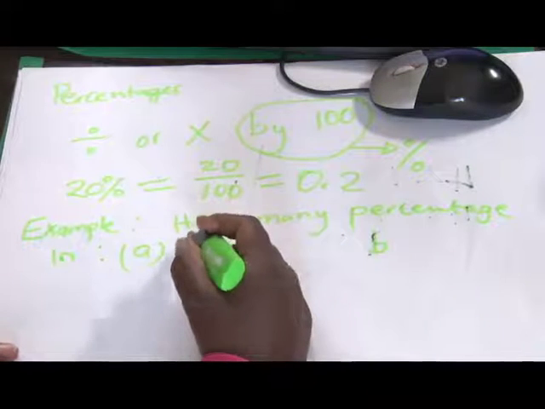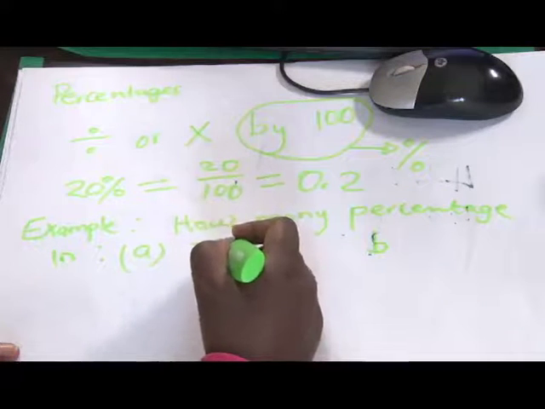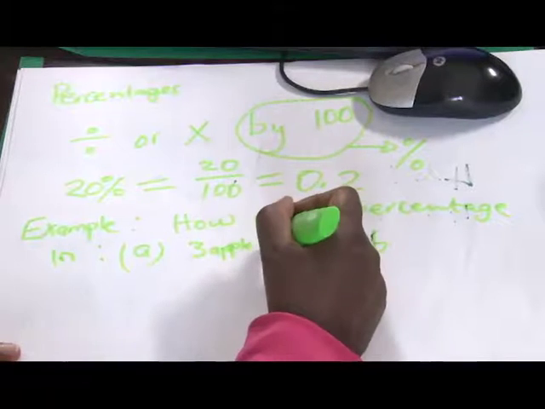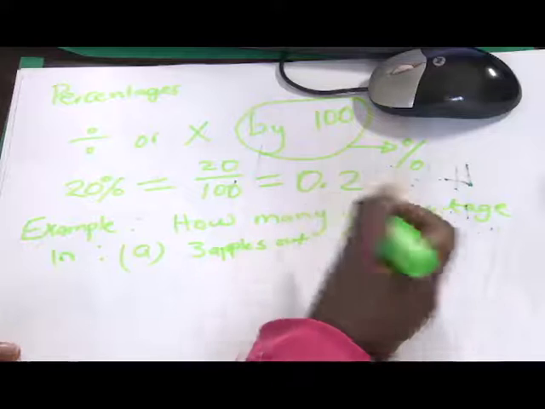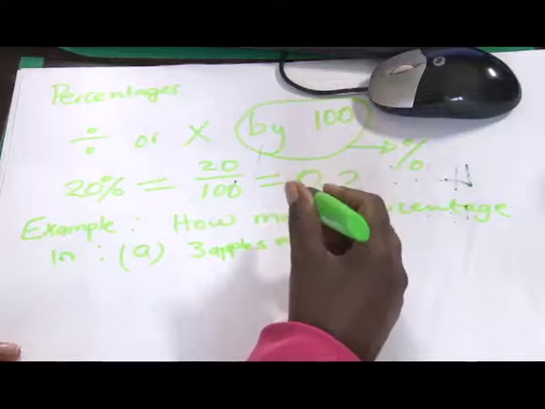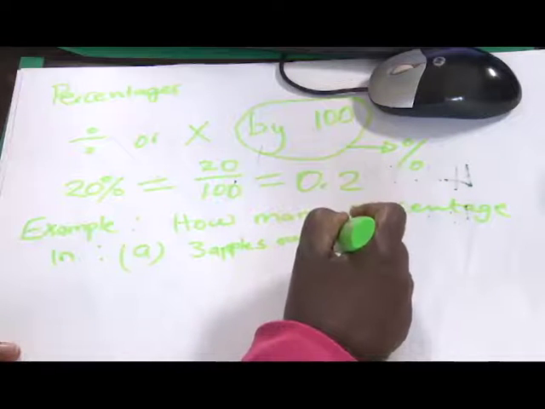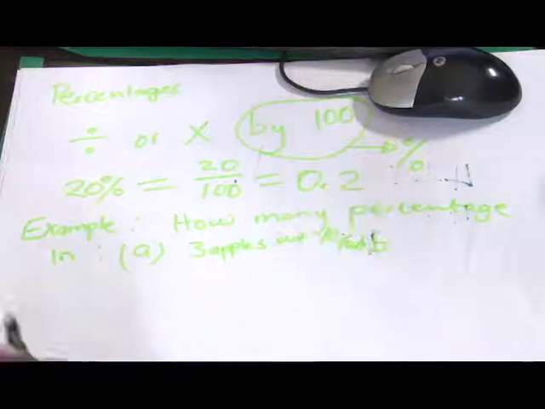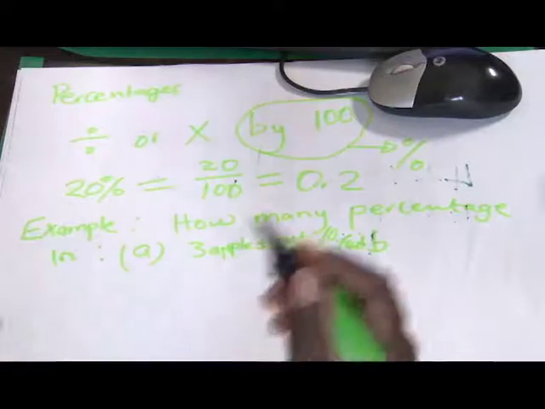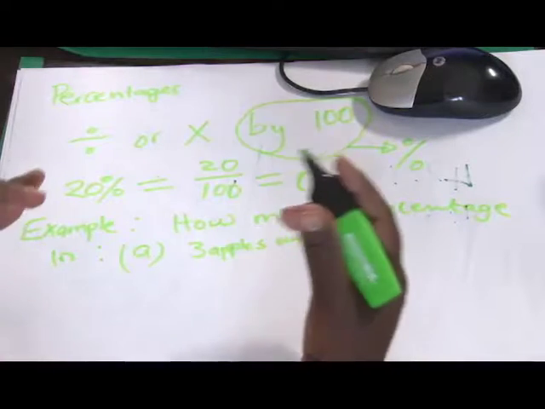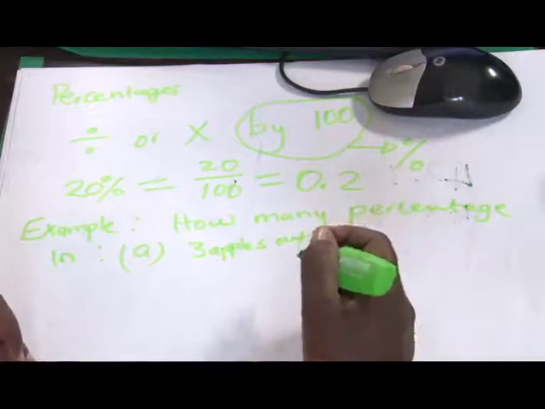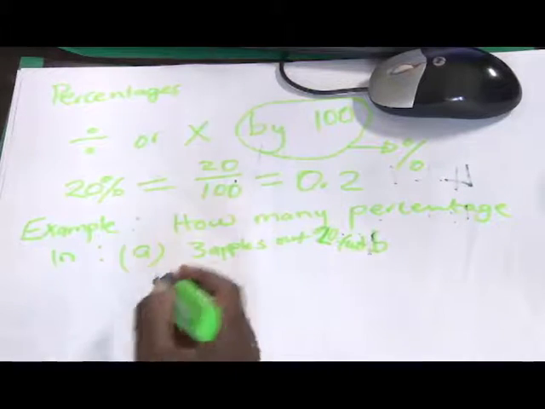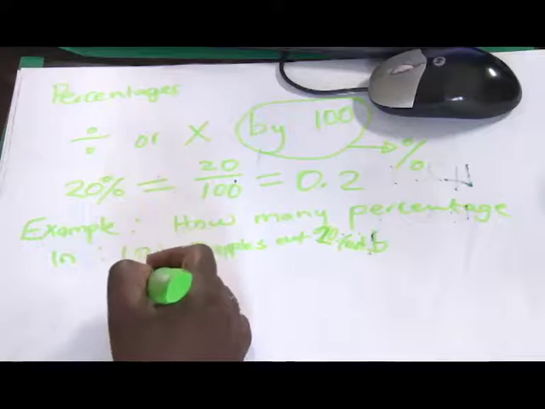You have, let's say, 3 apples out of, let's say, 10 fruits. Maybe you have 10 different fruits. Out of those 10 different fruits, the 3 are apples. Now we want to know the percentage of the fruits. Okay, let's not use 10, let's say 20. Okay, now we want to find the percentage of apples.